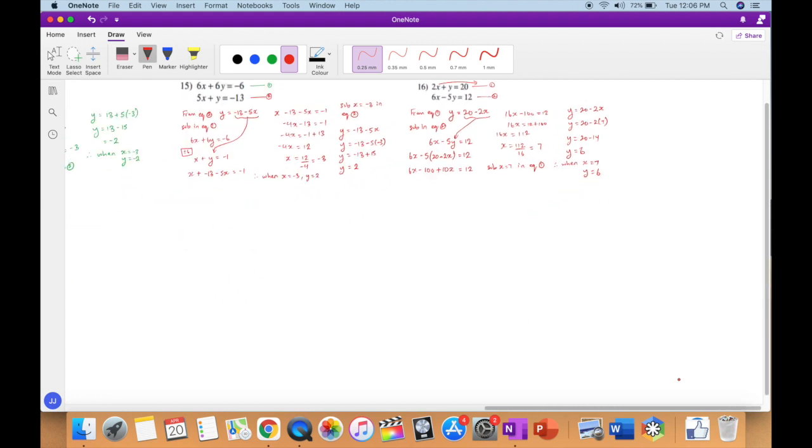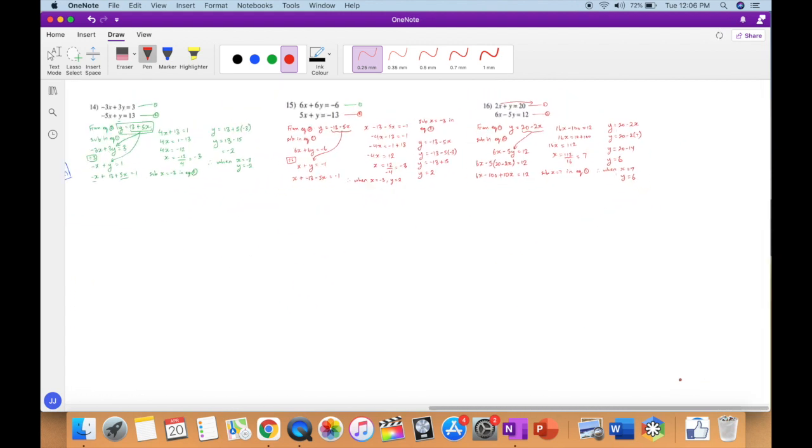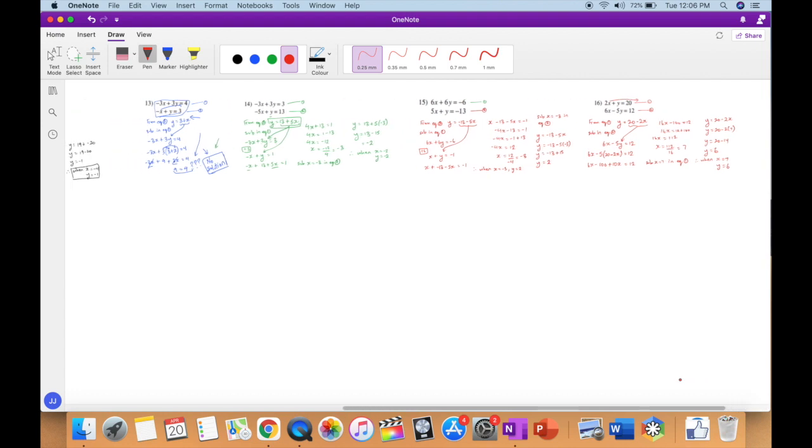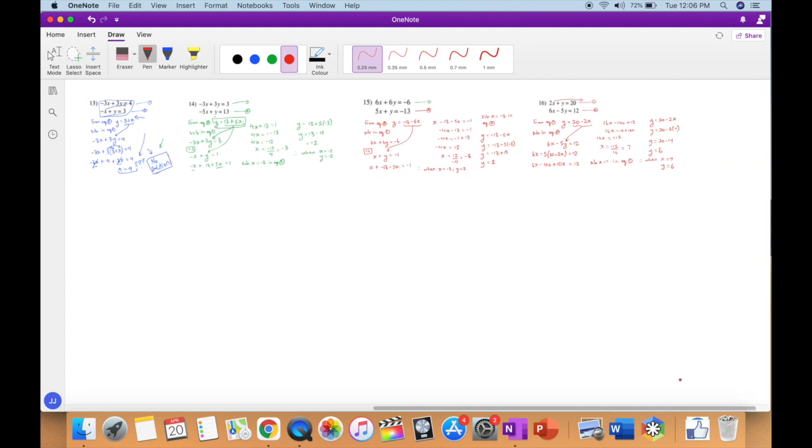We can see here that we have been focusing on the method of substitution, and there's a particular reason why I wanted you guys to focus on this, because we are going to have to meet simultaneous equations with quadratic equations sometime soon, and the method of substitution is the one you would have to use for that.